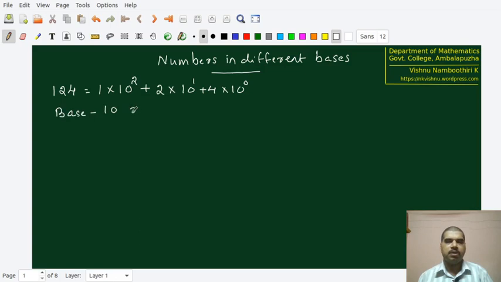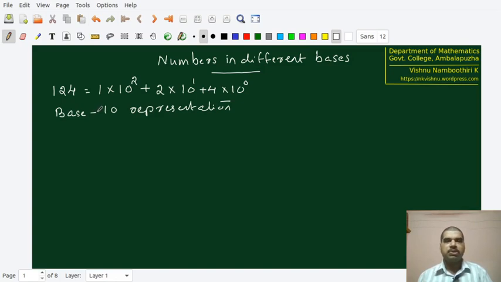Base 10 representation, in which every integer will be having a place value of that number into 10 raised to a power. So it is not actually necessary to use base 10 all the time. For example, in computer science, the base 2 representation is very commonly used.